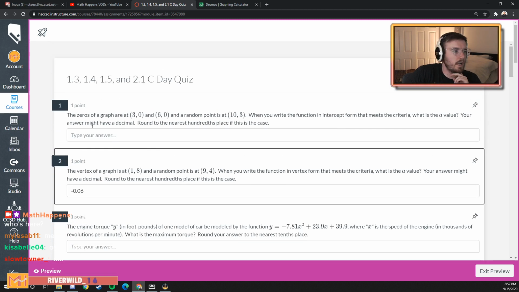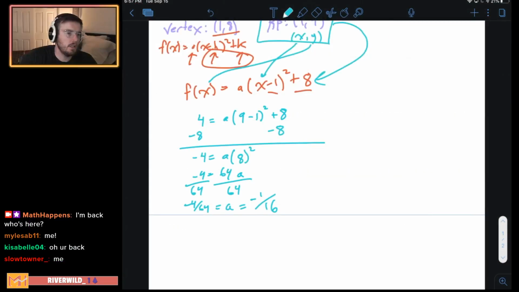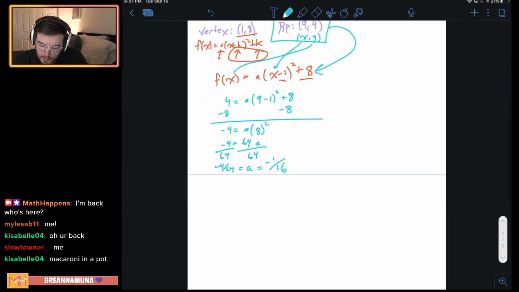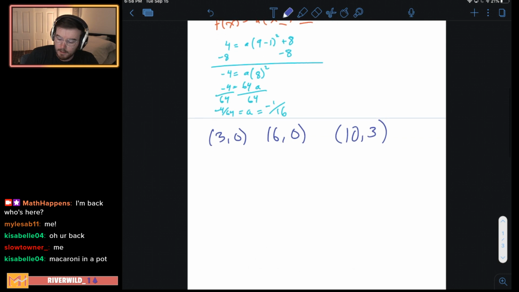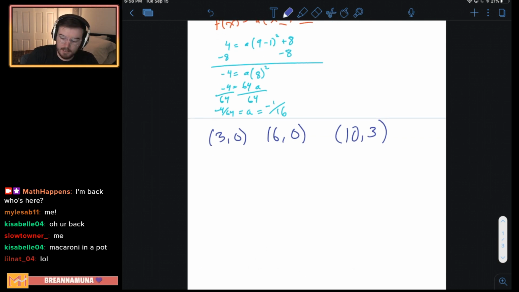Let's just do number one because it's the same type of problem. Similar, not quite the same, but similar. Macaroni in a pot. What does that mean? We are given the zeros.